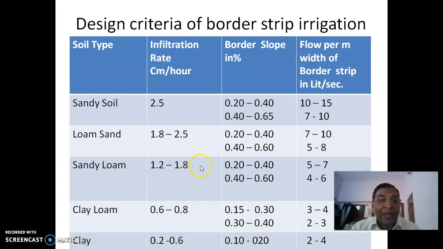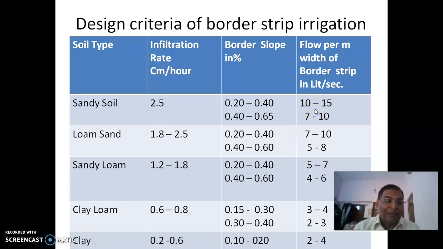But across the soils, for the same slopes, for example clay at the bottommost, for slopes of 0.1 to 0.20, it is a little over 2 liters per second, whereas for the same slope for sandy soils it is much higher.